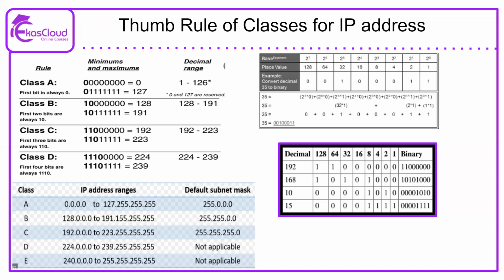Similarly, 168. Obviously we're going to start with 128 because 128 is still less than 168. Then obviously we cannot add 64 because that will become 192, but we are only looking at 168. So we are going to add 32 to it, which will become 160. And then we are going to add the remaining 8, which is in the 4th position.